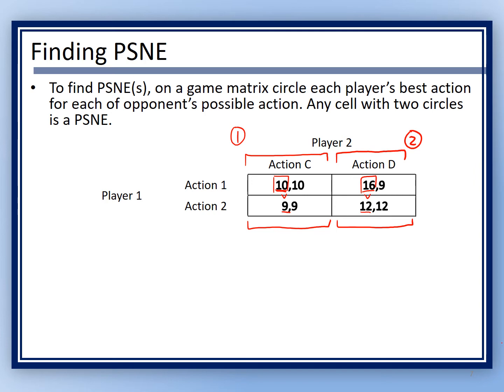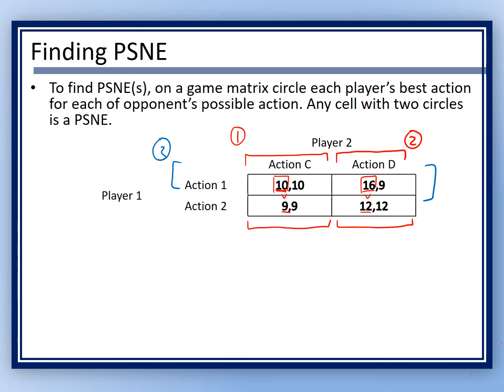We have to go through every single possible action of player 2, and once we've done that, we move on to asking what player 2 would do, given what player 1 is doing.